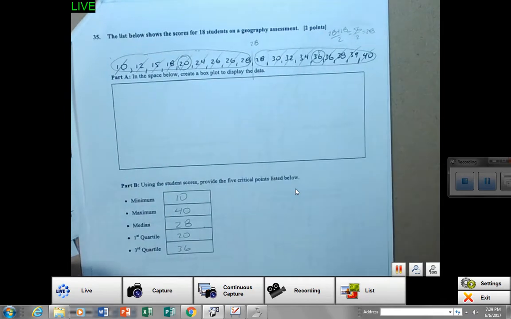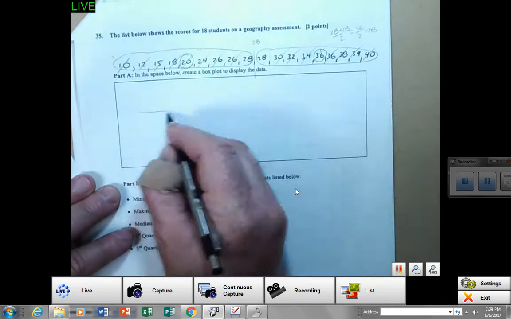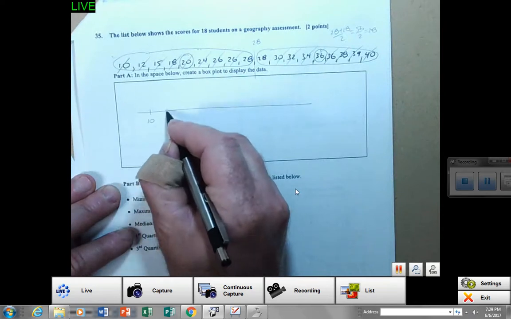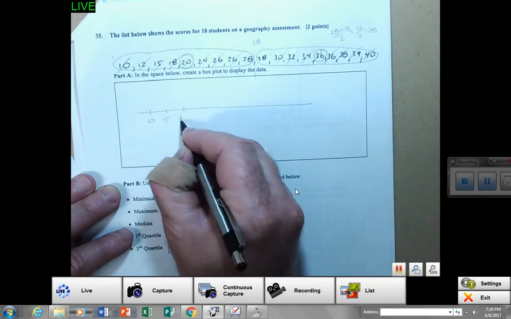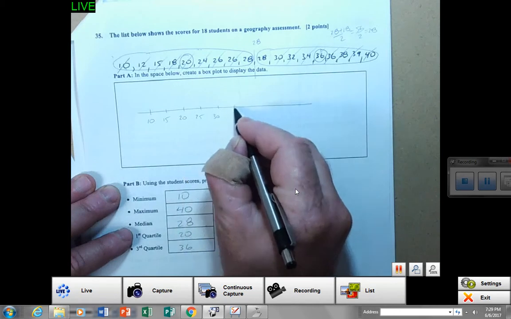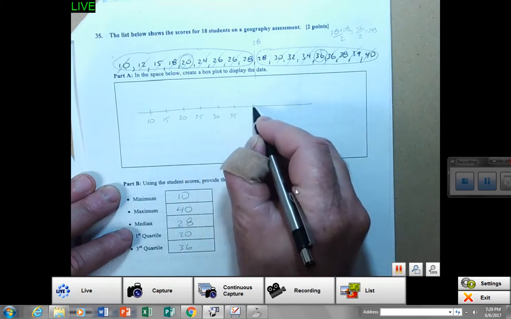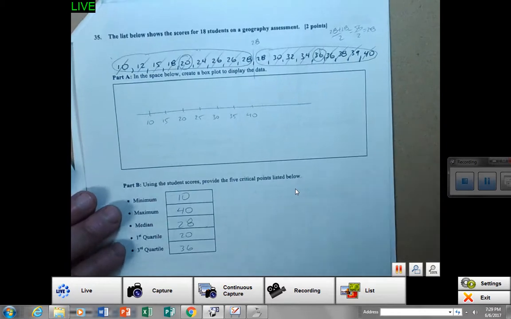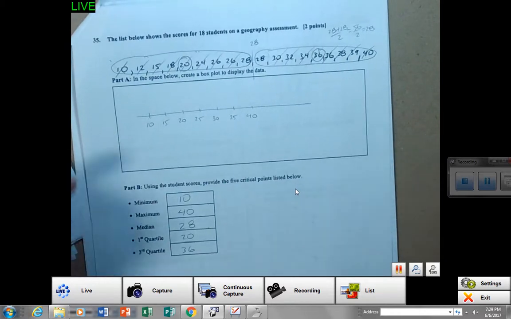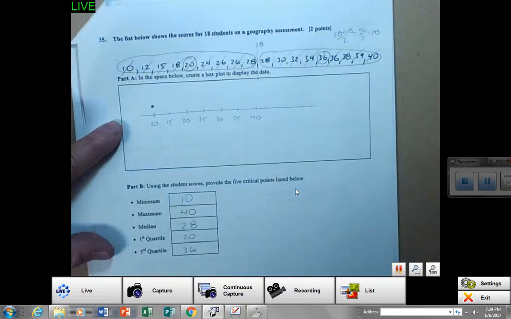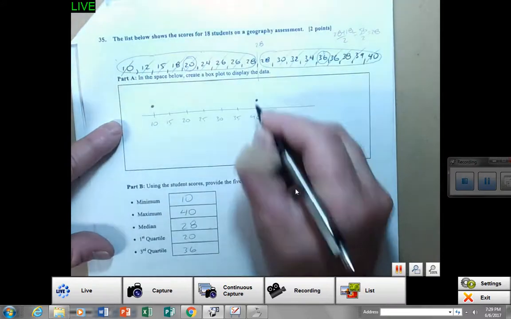36. If I make my box and whisker plot, I'm going to start at 10 and go by 5s. Do not go by 10s or anything greater. You might be able to fit it in, maybe going up by 2s. All right, so here we go. My bottom of my box and whisker plot at 10. My high number at 40.